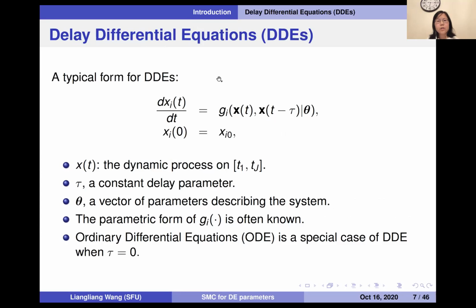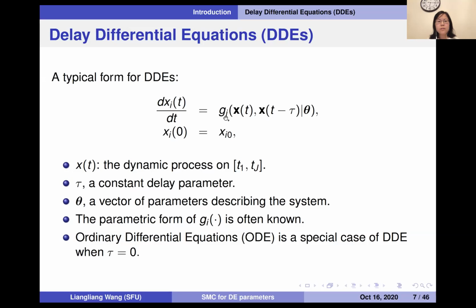In a more general notation, we may have multiple differential equations. We use subscript i to denote the i-th differential equation. For each one, the derivative of x_i of t with respect to time t can be described using a parametric form.